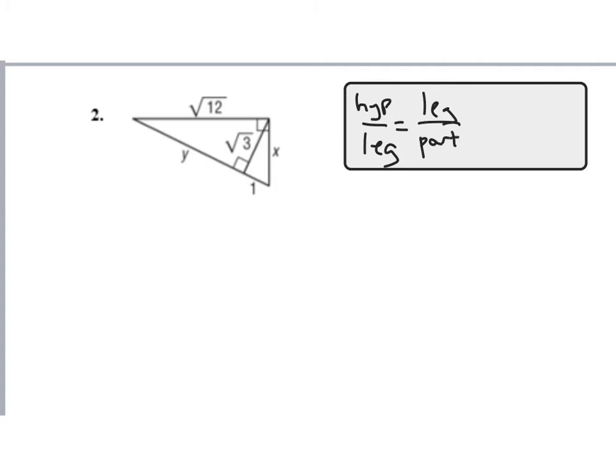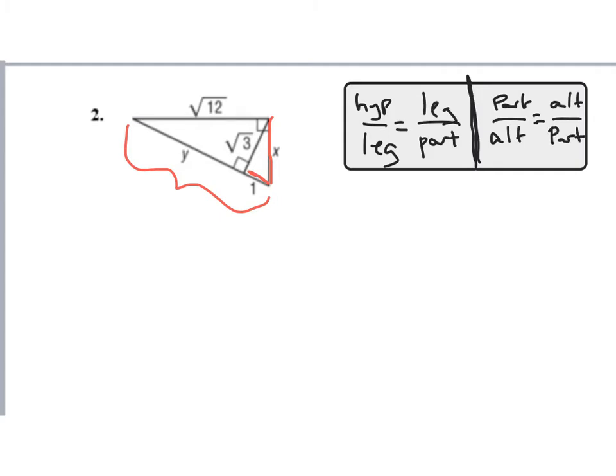Okay, so if I look here at this leg, I need to know the whole hypotenuse and then the part closest to that leg. Unfortunately, I don't know the whole hypotenuse because I don't know y. What I need to do is find y first. Okay, so to do that, I'm going to use my altitude, which is the geometric mean between the two parts that the hypotenuse is divided into.